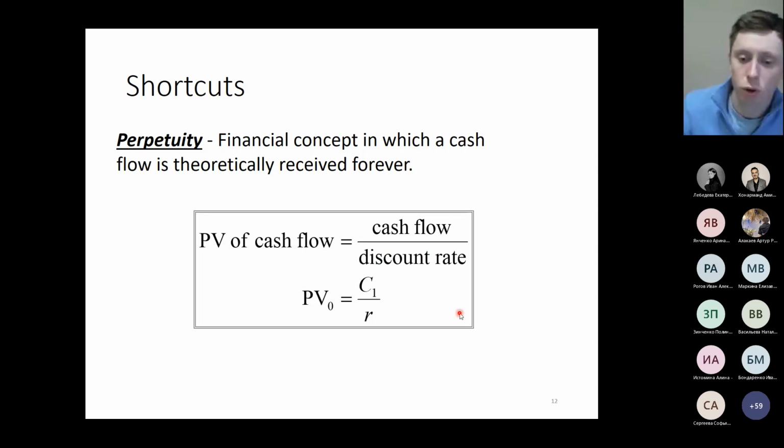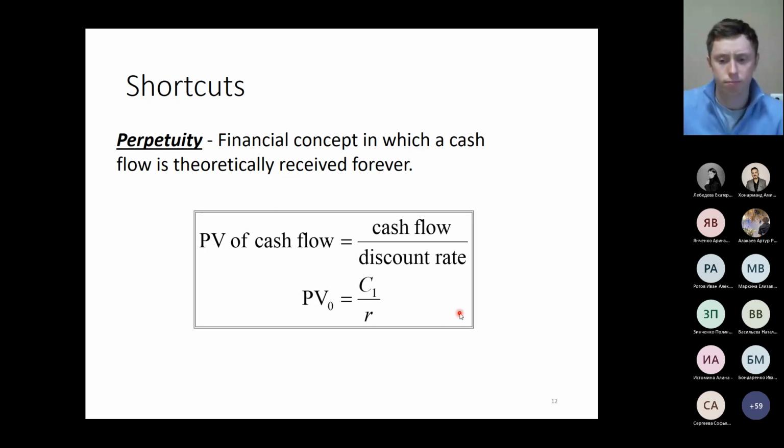After you, your children will receive it, and it can be infinite. In history, in France, there were such types of securities. I believe they were called console securities. So the state issued such a security. Once you purchase it, you are eligible to receive the same amount of money regularly forever.